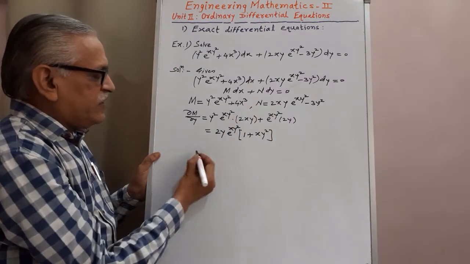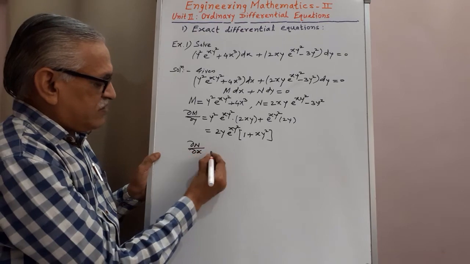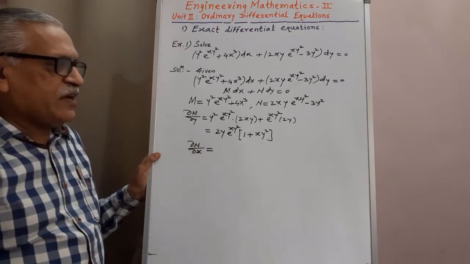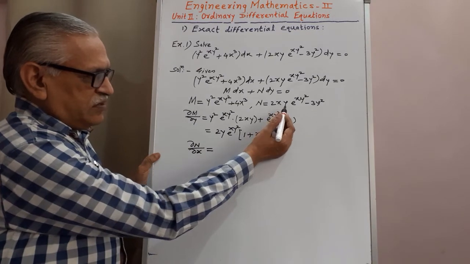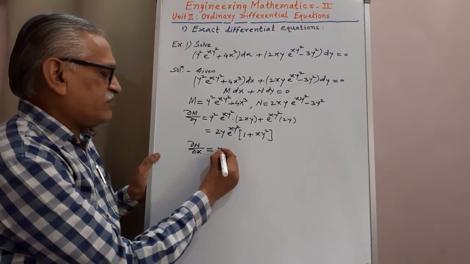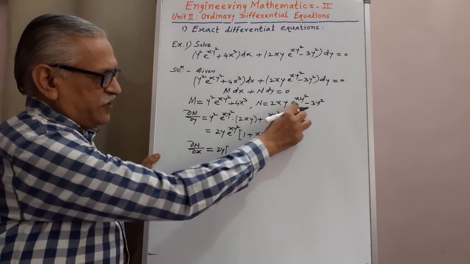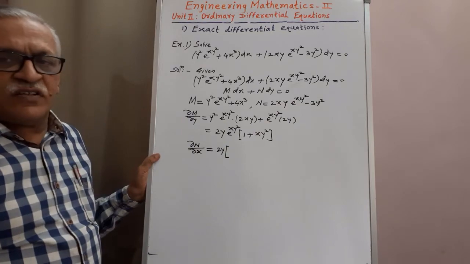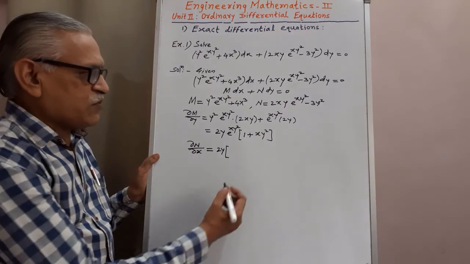Then we differentiate N with respect to x partially, keeping y constant. 2y we can take constant term outside. Differentiating x into e raised to xy square with respect to x by UV rule, product rule.